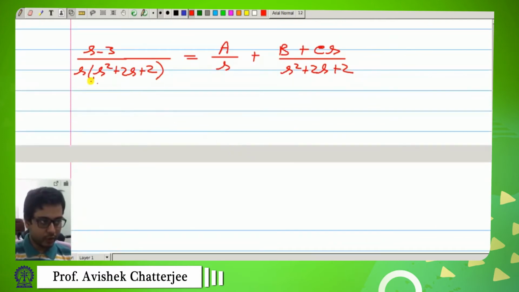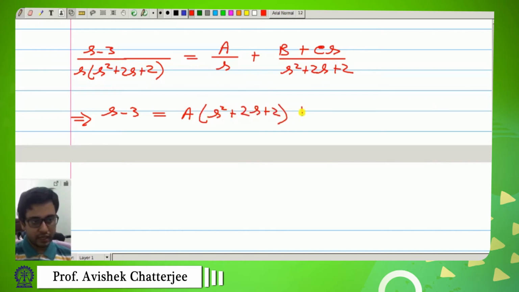Now I can cross multiply this denominator, so I will get s minus 3 equal to a multiplied with this s square plus 2s plus 2, plus this (b plus cs) multiplied with s.